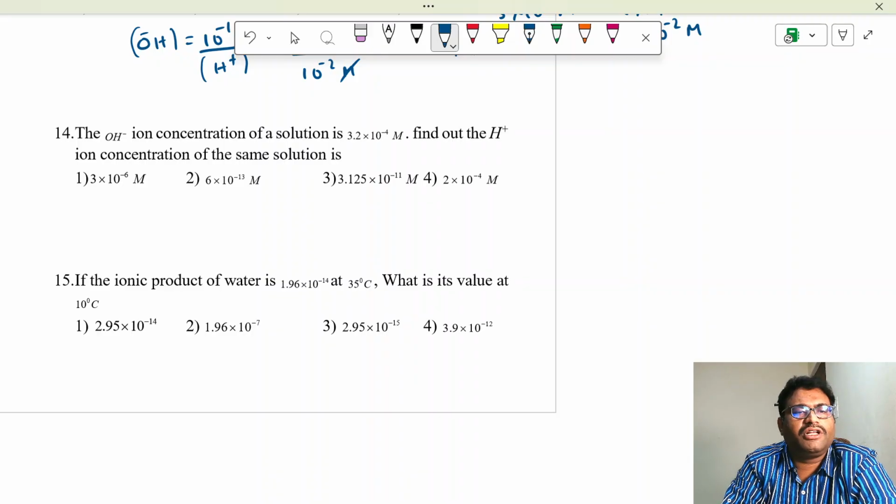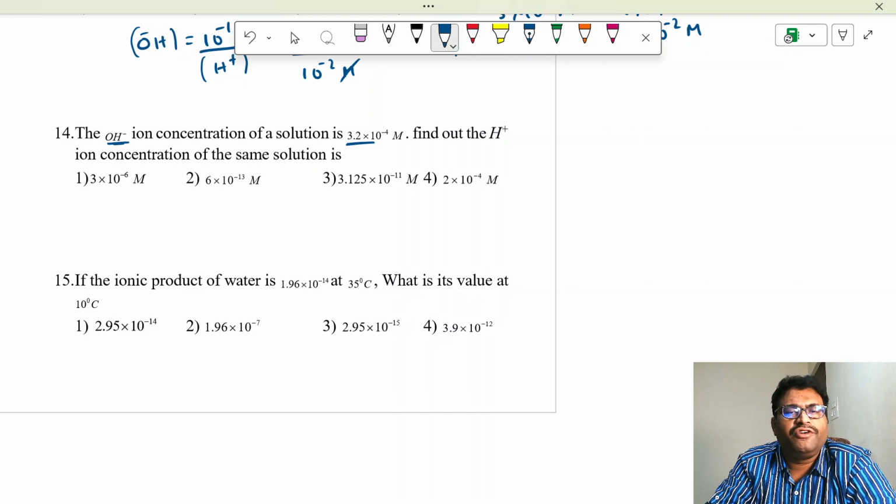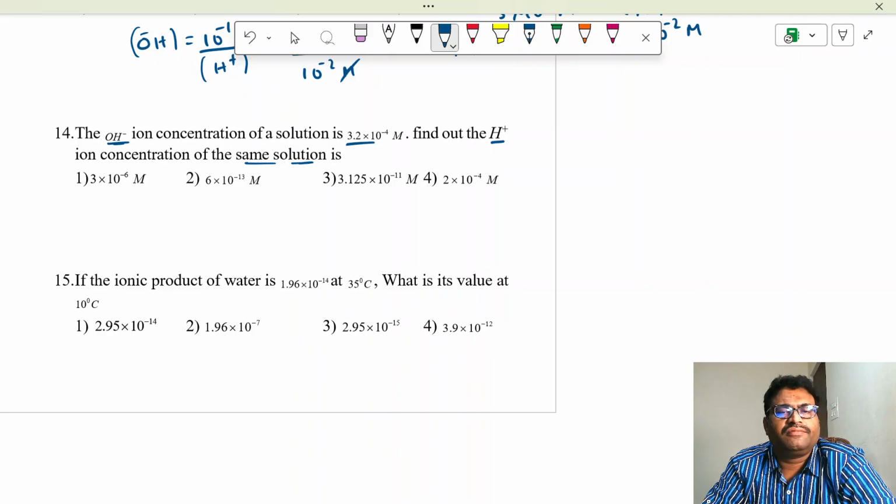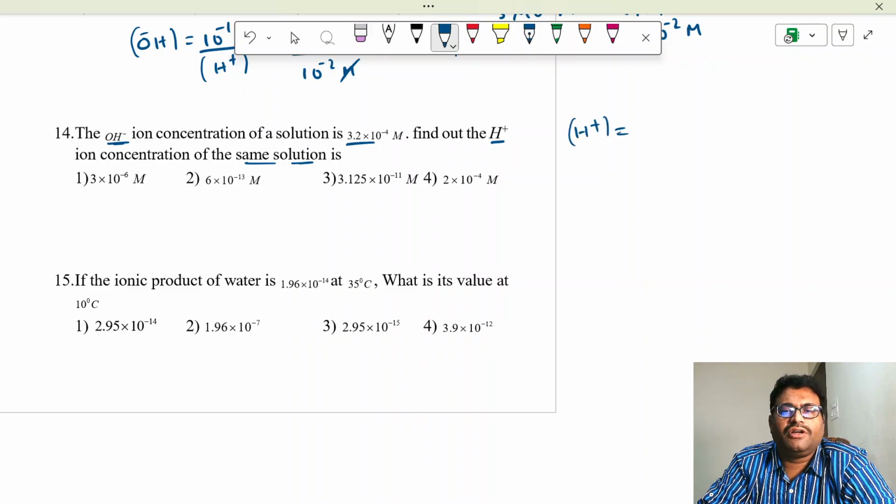Next, the OH minus ion concentration of a solution is 3.2 into 10 power minus 4. Find the H plus ion concentration of the same solution. Okay, simple one. Solution it is given, not water. And temperature is not given. When temperature is not given, we have to take it as 25 degrees centigrade. Then H plus ion concentration is equal to 10 power minus 14 by OH minus ion.